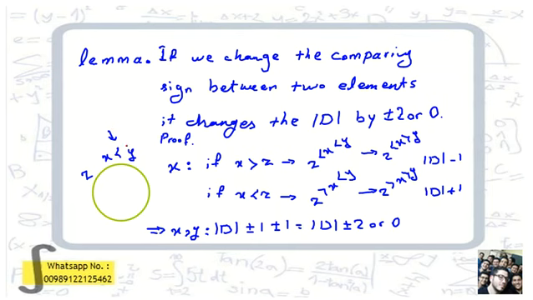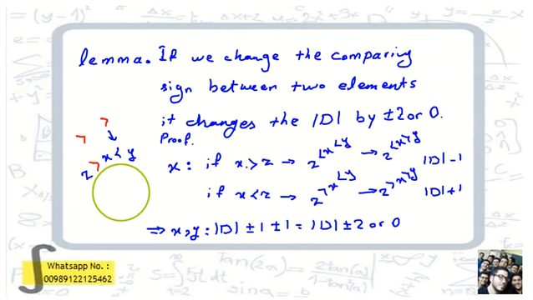So at first we consider x. We say if x is less than z, like this, and we change this sign, then it would change to this. X was not a desired element, but now x is a desired element.